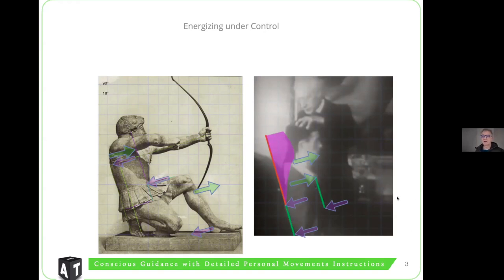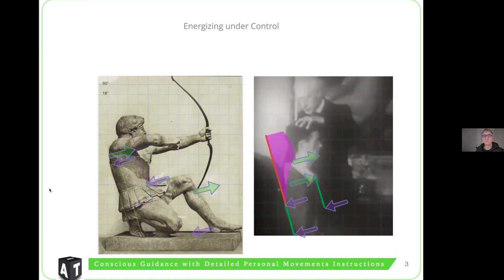But there is something you must understand: Alexander is not holding the student in place. The student is supposed to energize and control. This is supposed to be a representation of what the student could do on his own. He is not supported back by Alexander's hands. Alexander's hands are not placed there to support the weight of the student. The student here is in charge of the movement.